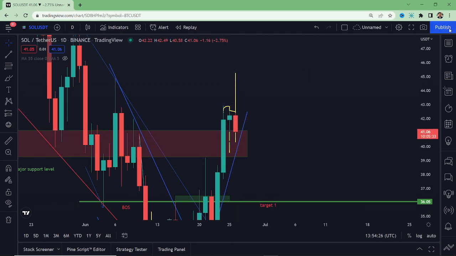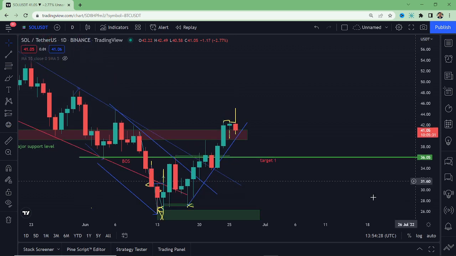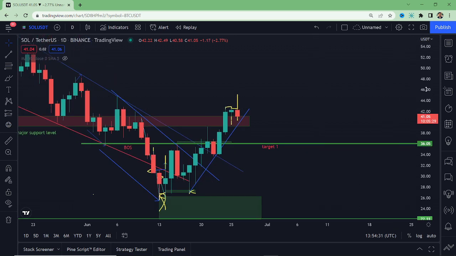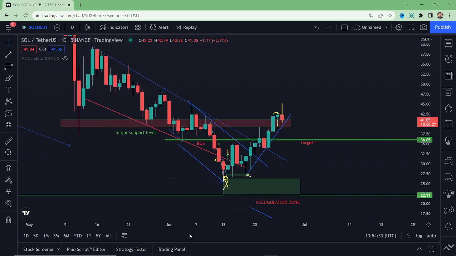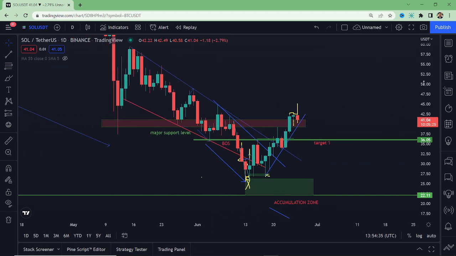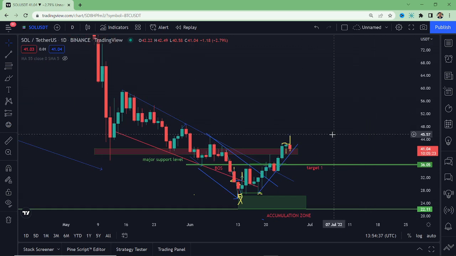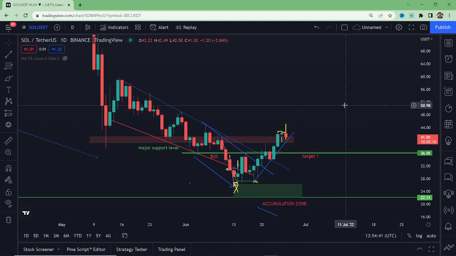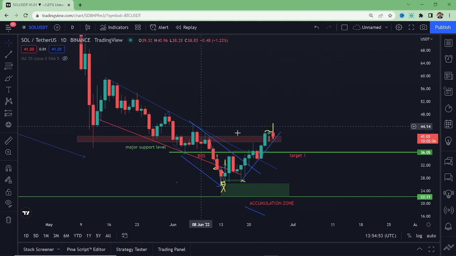So that's experience speaking. Anyways, we see on the bigger time frame, the daily time frame, I still want to close above this region. That would give better confidence and a better trade option if we close above this one.